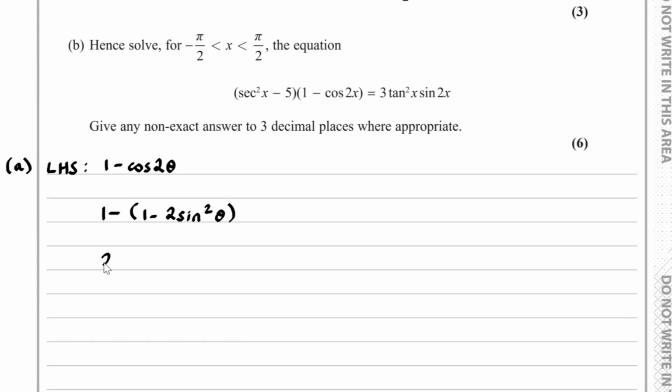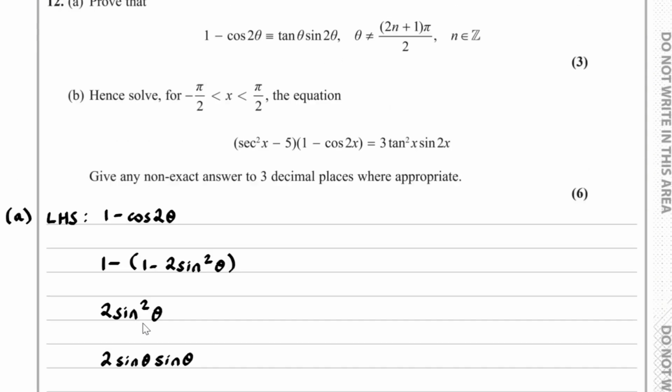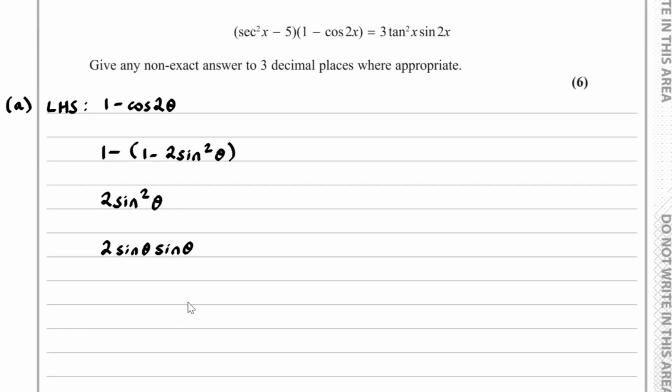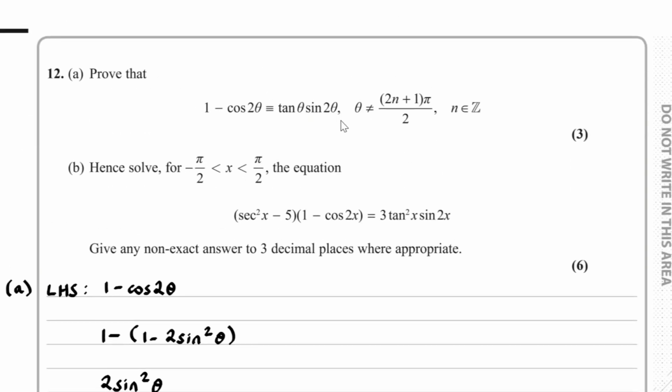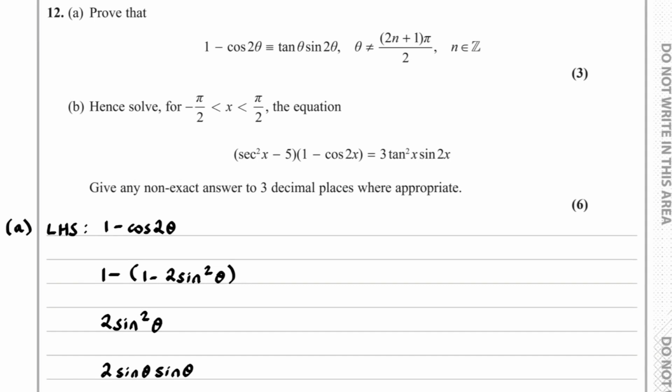So I end up with 2 sin squared theta. Now this is the same as 2 sin theta times by sin theta. Now if I pay attention to what I want to show, how can we get from here to tan theta sin 2 theta? Well, let's write out the right hand side and work backwards.